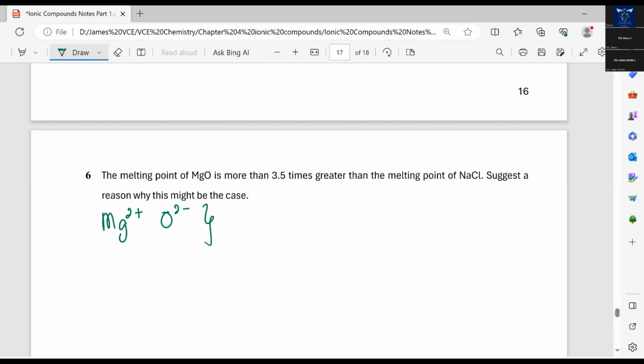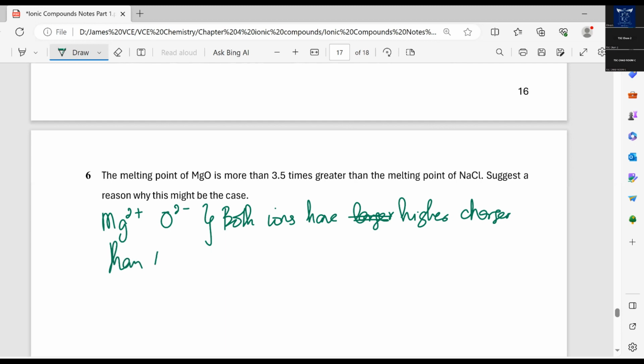So both ions have a larger or higher charge than Na plus and Cl minus.